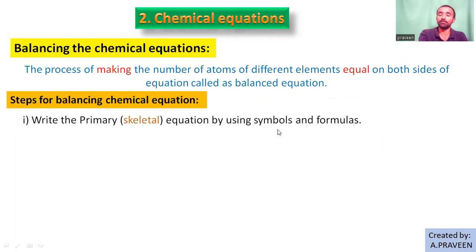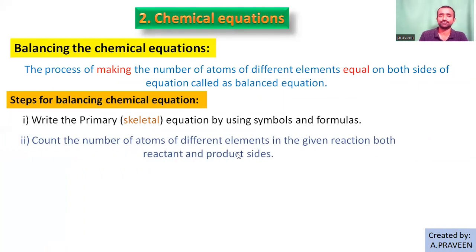If it is unbalanced, you first have to verify that by counting the number of atoms. Then you can decide whether the primary equation given is balanced or unbalanced. If it is unbalanced, then we go to the third step. First step is writing the primary equation. Second step, deciding whether the primary equation is balanced or unbalanced.